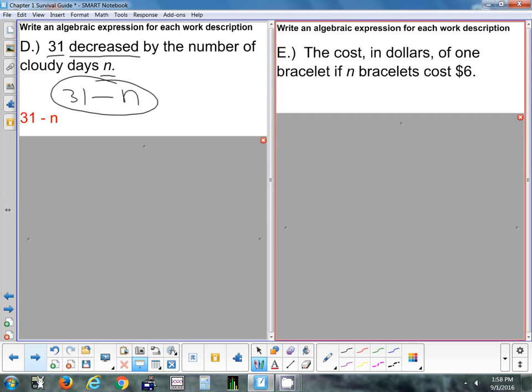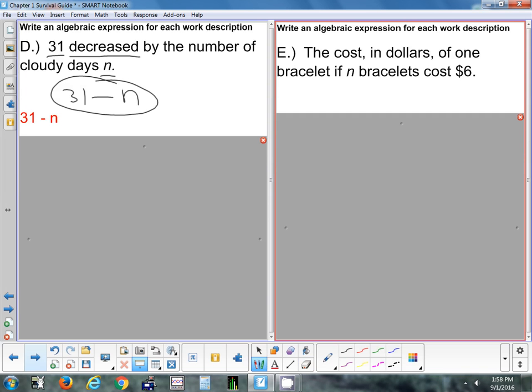All right, another one kind of like D. Okay, E, they're looking for an expression again. And it says the cost in dollars of one bracelet if n bracelets cost $6. You know what? I'm going to change it because I think that's going to be a little tricky the way that's worded.